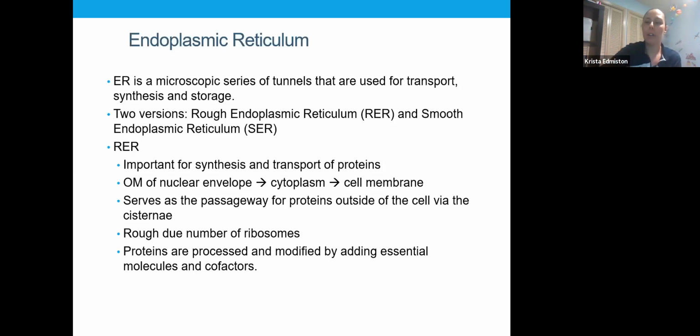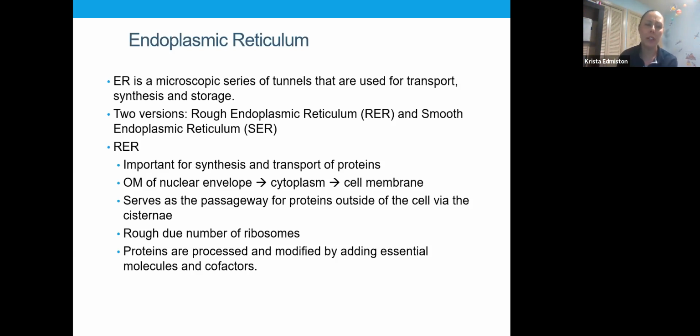So the rough ER is important for synthesis and transport of proteins. So the RNA will come from the nucleus. It will dock into the rough ER, and it will come in contact with the ribosome, where the ribosomes in the rough ER will then translate it as protein.